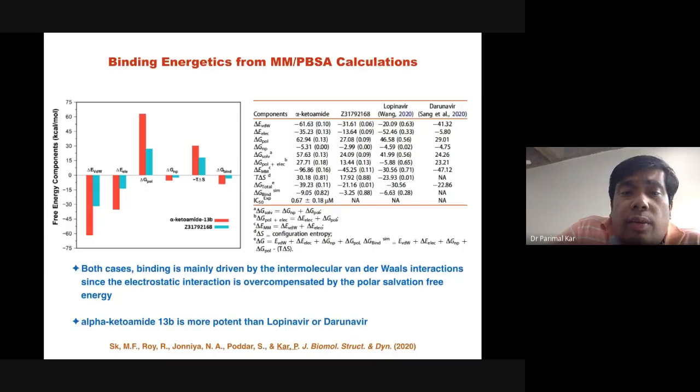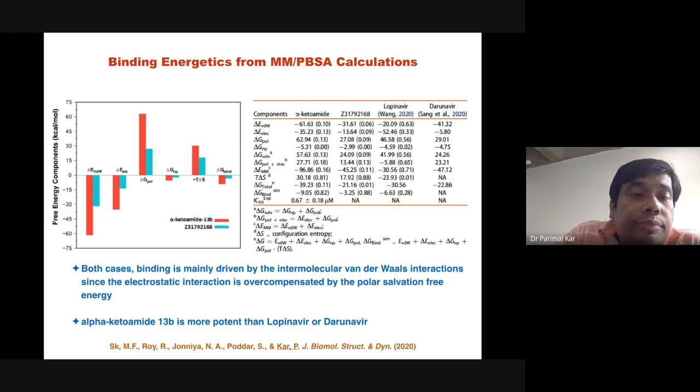If you look at this bar plot, you can see that the alpha ketoamide has a more negative binding affinity, so that means it binds more strongly compared to the other drug, represented by the ZINC ID Z3179268.